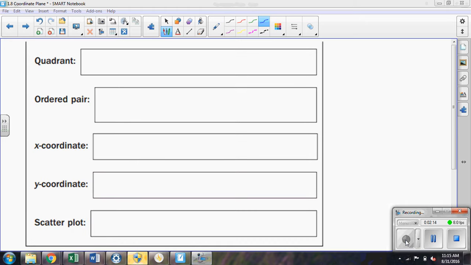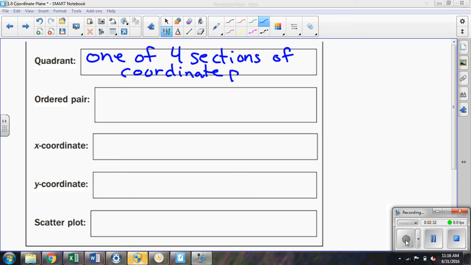Continuing, we mentioned that the quadrant is one of the 4 sections of the coordinate plane. I also mentioned that the coordinate plane is a system for keeping track of locations.